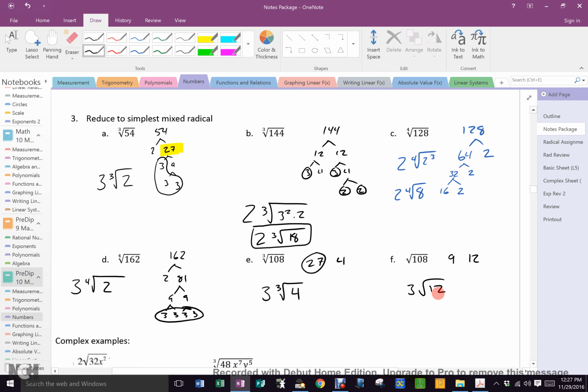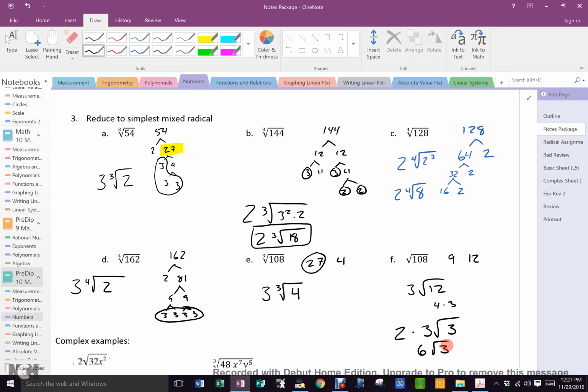Why? Because 12 is what? 12 is 4 times 3, right? Does 4 have a square root? Out comes a 2. What was already out there? 3. And what did that leave under there? 3. What's 2 times 3? 6 root 3. Is everybody cool with doing this with numbers?